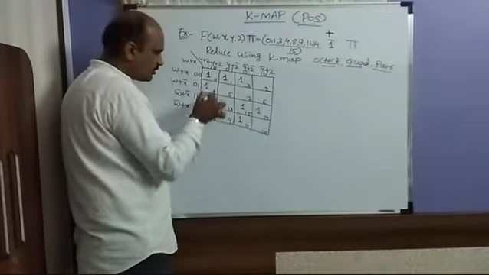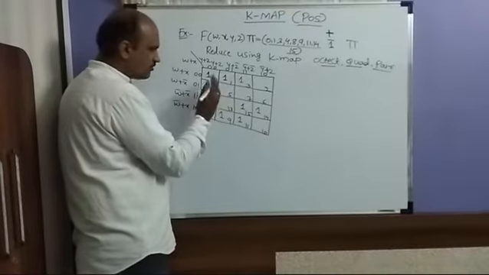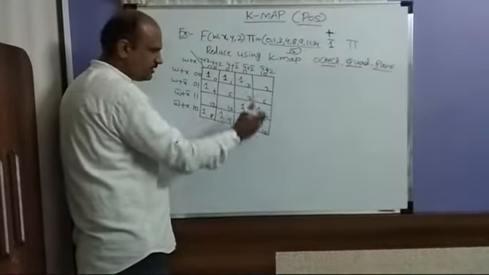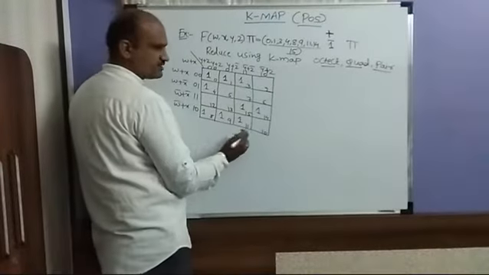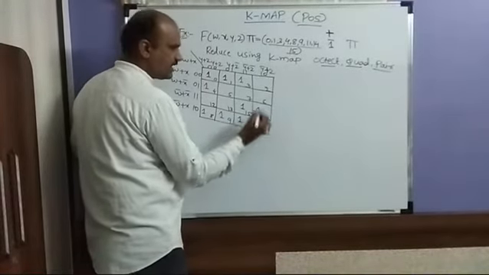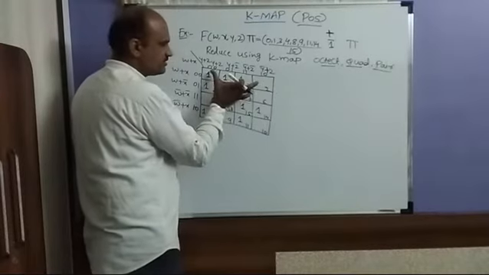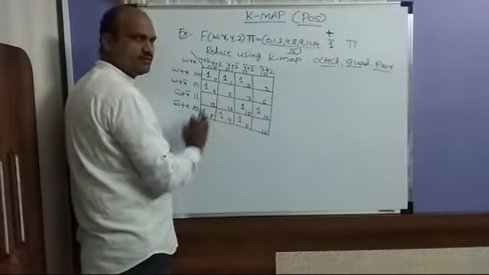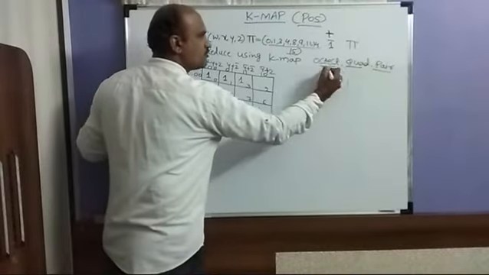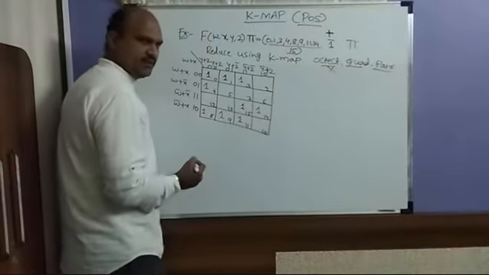If you go column wise, 8 combinations are not possible anywhere. If you go for edges, these edges and these edges, for example, if 10 is there and also 2 is there, then these 4 and these 4 become an octet. But here it is not available. So there is no octet in this example.